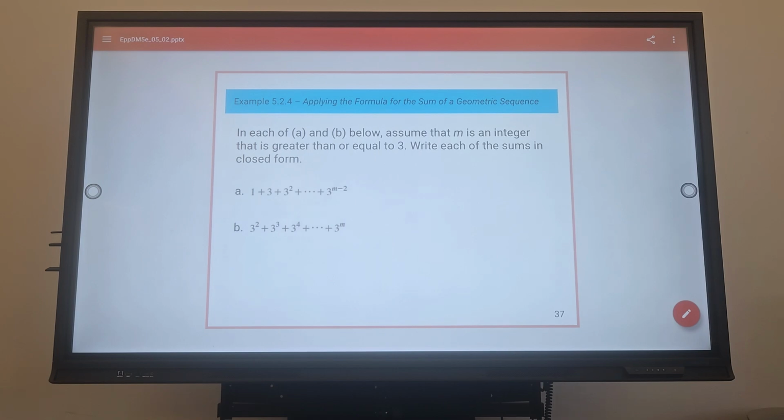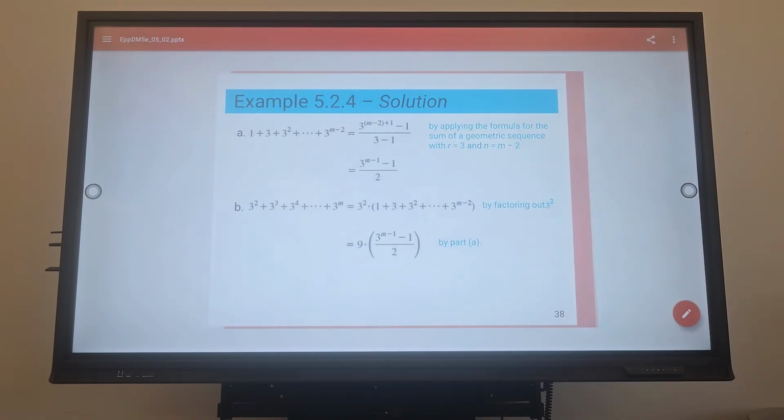Now, you can do this by applying the formula for the sum of the geometric sequence with r equals 3 and n equals m minus 2.